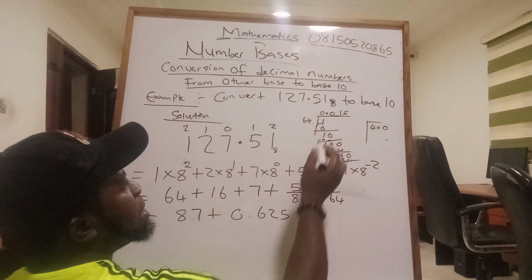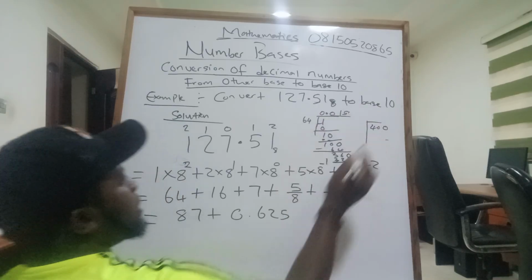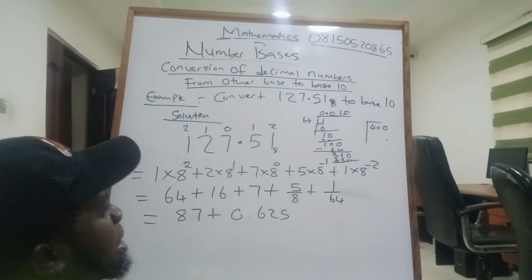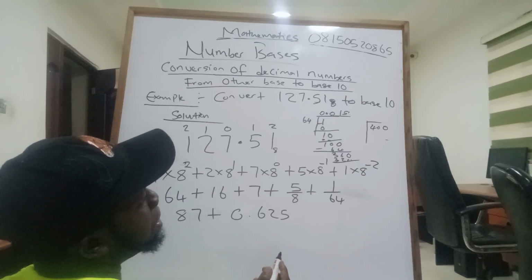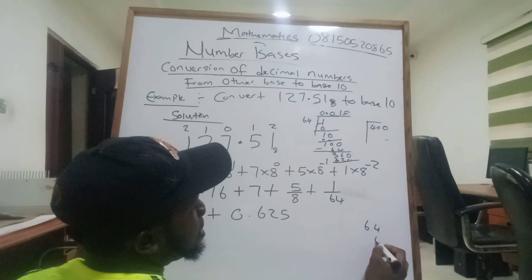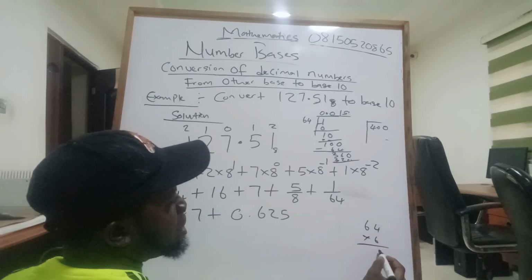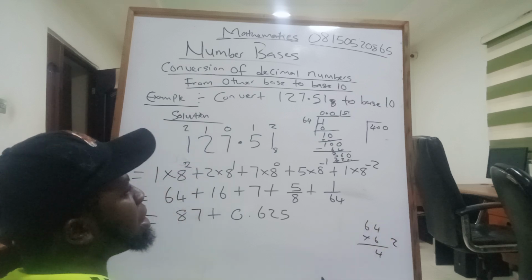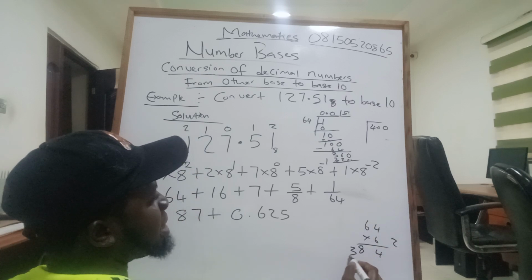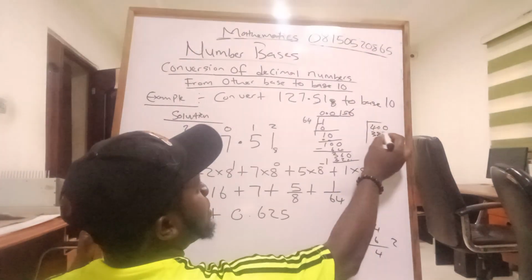You add 0 again. 64 in 400. We should be thinking of, let's say, 6. Let's try 64 times 6. 6 times 4 is 24. Keep 2. 6 times 6, 36, 37, 38. That's 384. So we have 384.